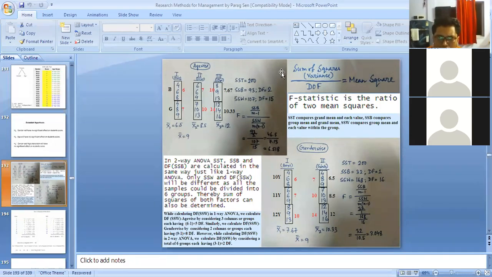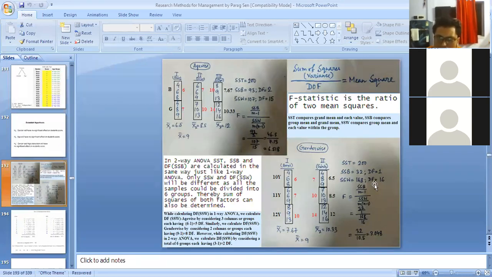Now, if you consider the sum of square between, then also the age wise and gender wise values will be the same, and you will get an additional sum of square between and an additional degrees of freedom, in order to consider the interaction effect.